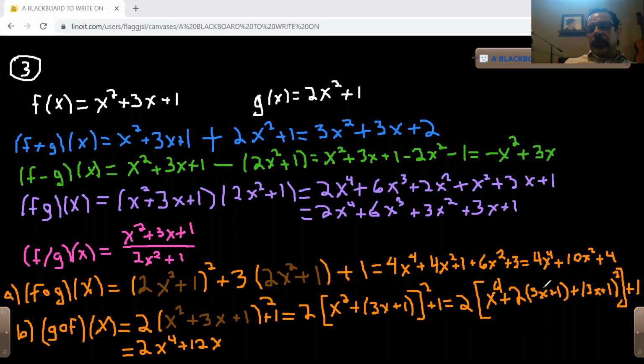X. 2 times 1 is 2. Then we've got this element that's elevated to the square. So 3x to the square is 9x squared multiplied by 2 is 18x to the square. 2 times 3 is 6 times 1 is 6x times 2 is 12x.